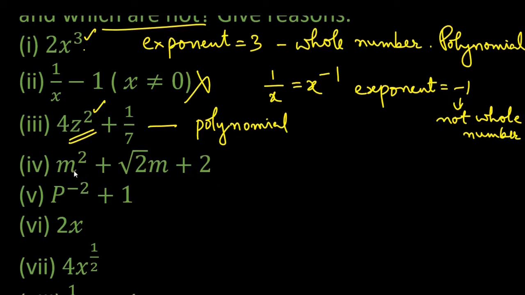So here we have m power 2. 2 is a whole number. Here also m power, nothing is written, so it is 1. m power 1 is a whole number. Here the coefficient is root 2. We should not consider the coefficient. We should consider only the exponents. So this is also a polynomial.